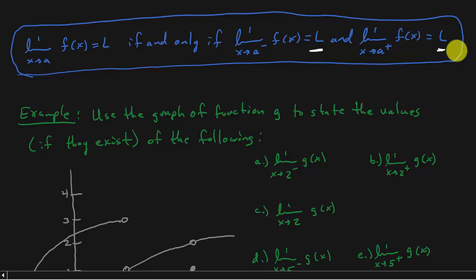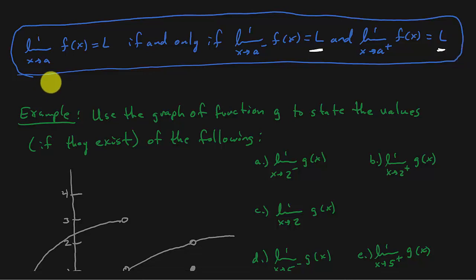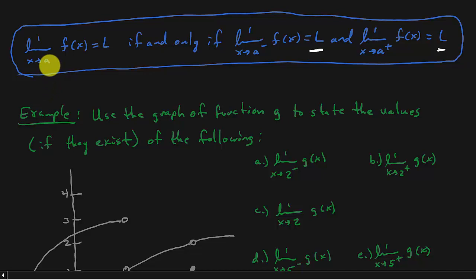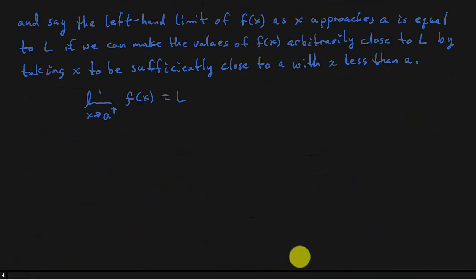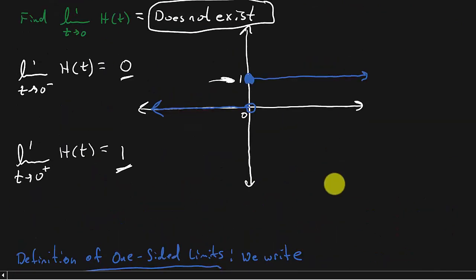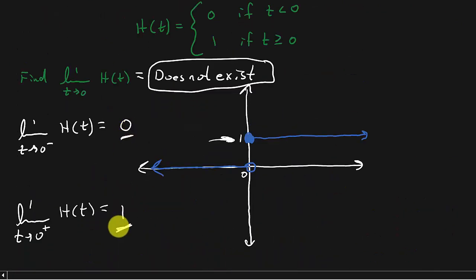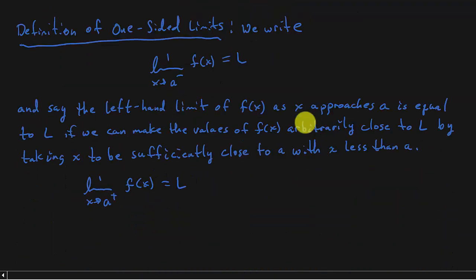If the limit from the left and the limit from the right are the same, then that's the limit as x approaches that number a. So they have to be equal in order for this limit to exist. And you saw that in the example I worked right here. You could see they weren't the same. They weren't approaching the same number.